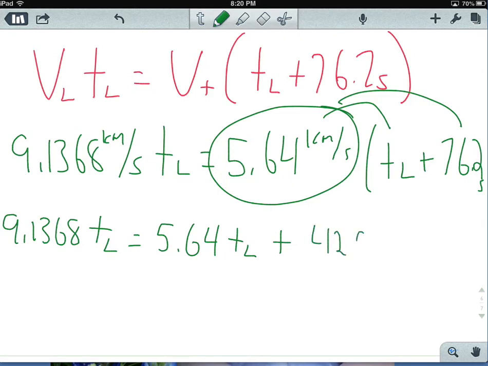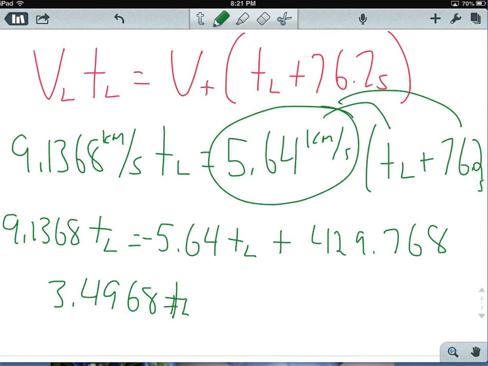5.64 times 76.2 is 429.768. To solve for the time of the longitudinal, I subtract 5.64 TL from both sides, bringing it over to the other side. 9.1368 minus 5.64 TL gives us 3.4968 TL, which is the time of the longitudinal, equals 429.768.